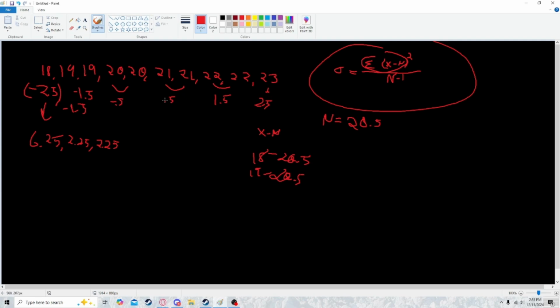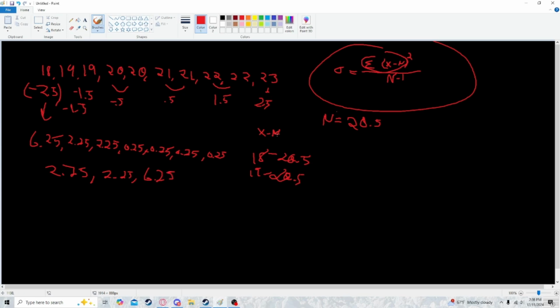These negative 0.5 and 0.5, all of those will become 0.25, 0.25, 0.25, 0.25, and same thing on the rest of these. So 2.25 is 1.5 squared. There's two of those. Sorry, this is really messy. I'm writing with a mouse and keyboard. 6.25. Okay, so these are all those numbers squared.